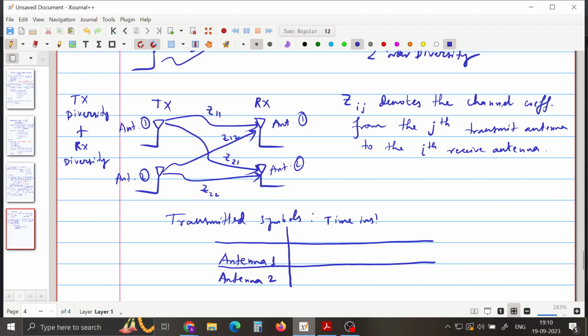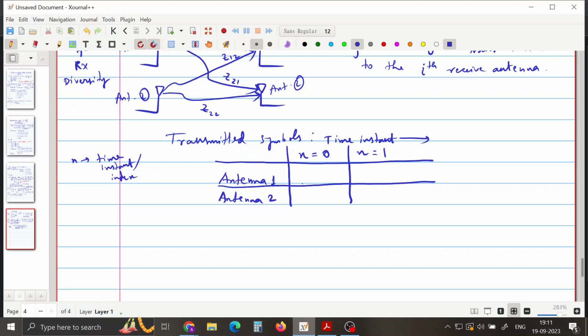You take two different time instants. Time instance is along this direction. Let me give one column as time instant n equals 0. Small n is the index, the time instant. So the 0th time instant, and similarly the successive would be n equals 1. What was the strategy?